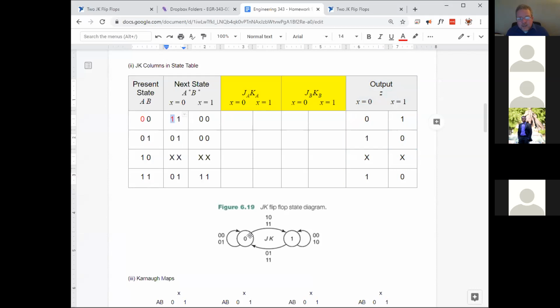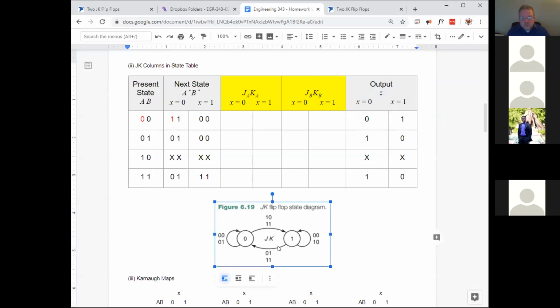If you're going to use a JK flip-flop to do that, then you use this state diagram for a JK flip-flop.